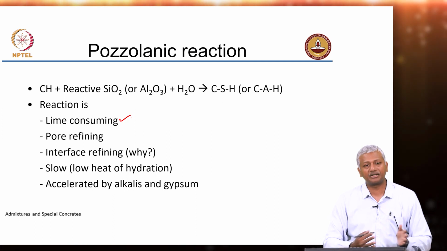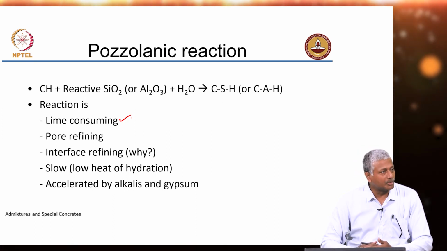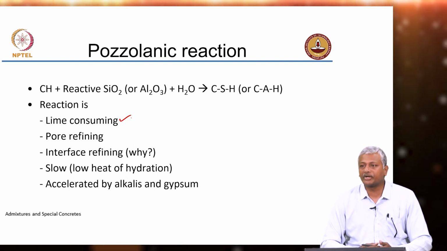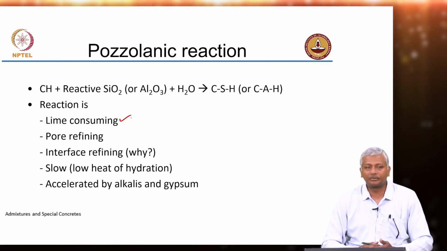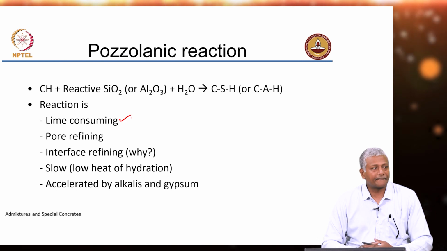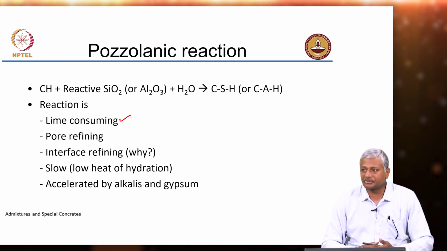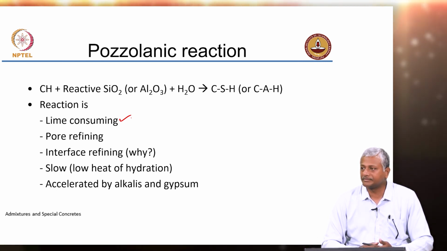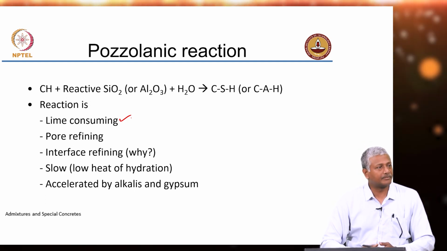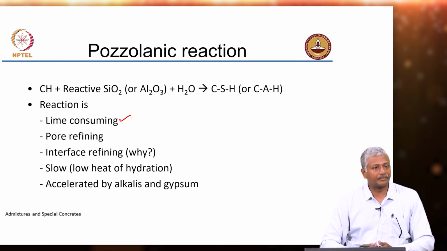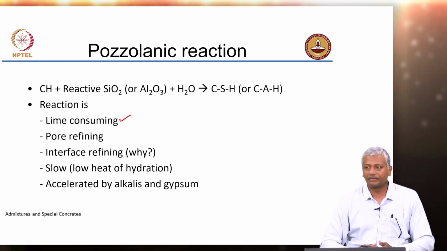If you look at our definition of the interfacial transition zone, you will be able to realize why the use of mineral admixtures should refine the interface. Why should mineral admixtures refine the interface of your system? Interface means interfacial transition zone between paste and aggregate. Why is it refining?